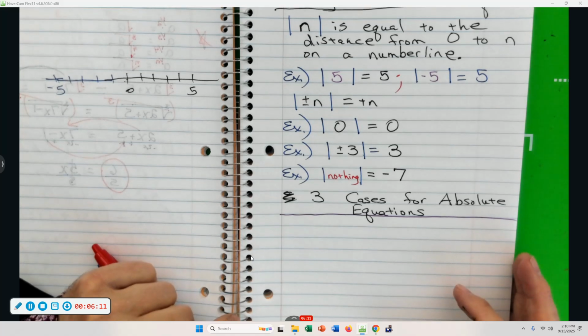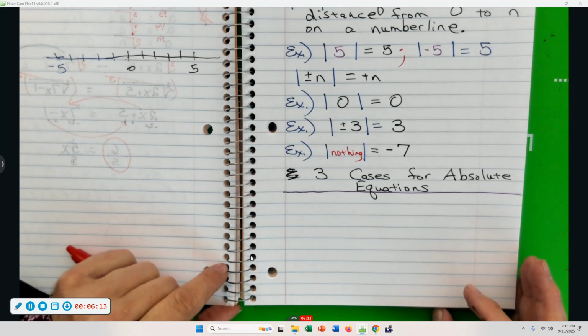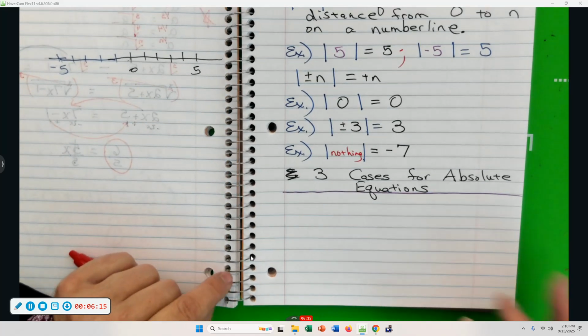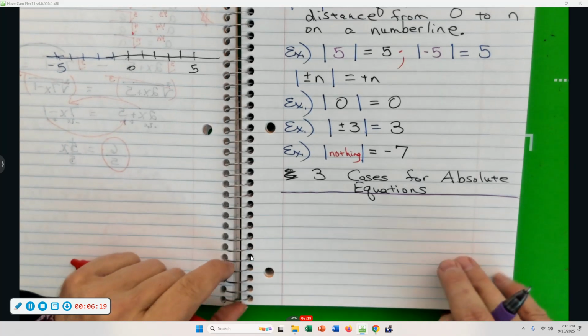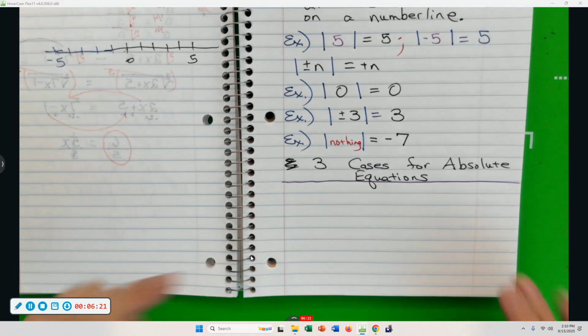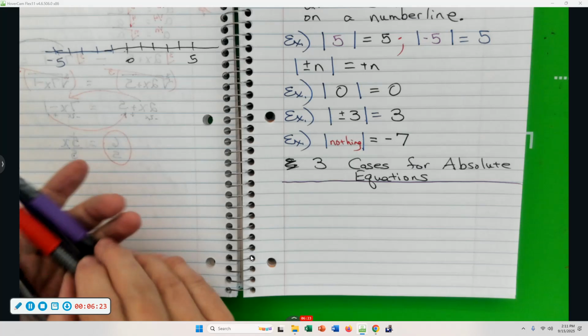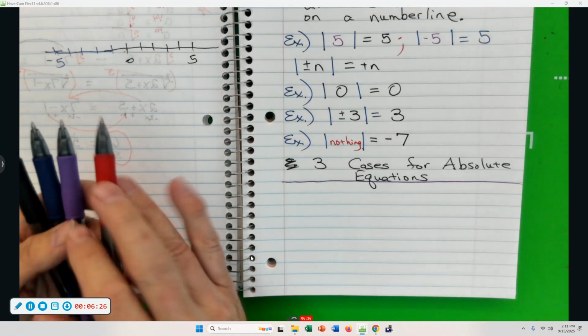If you took Math 371, I know we used to solve absolute value equations in Math 371. It's been several years since I taught it. I may have changed things up, but even if you haven't seen it, these 3 cases are pretty painless.